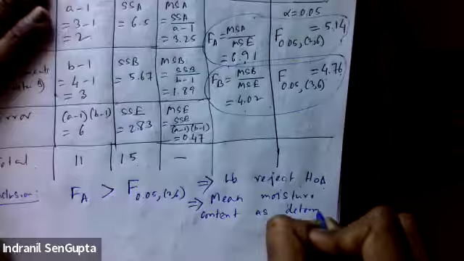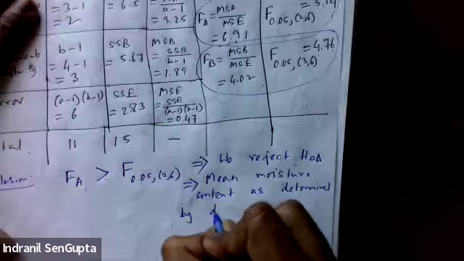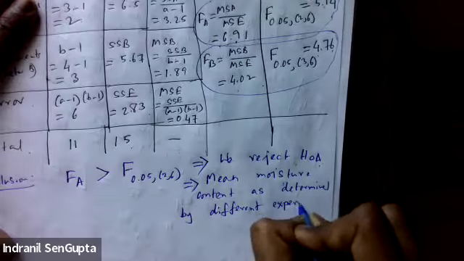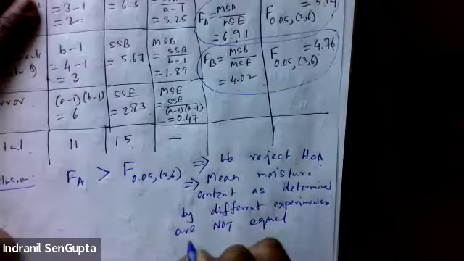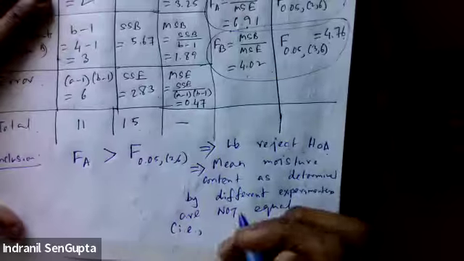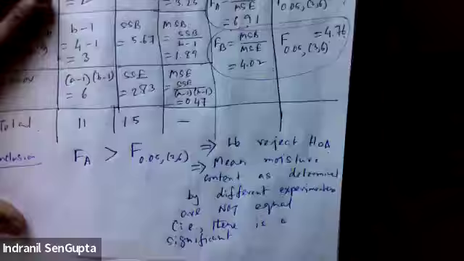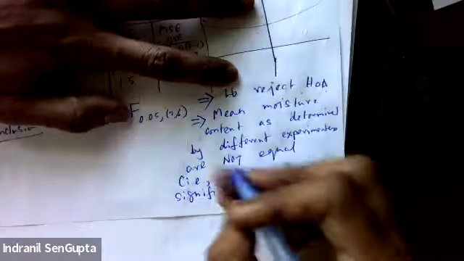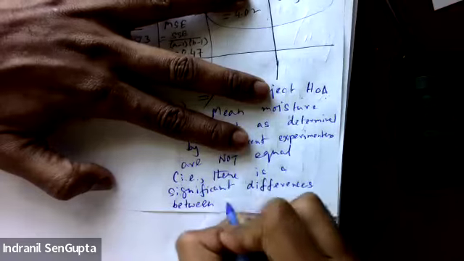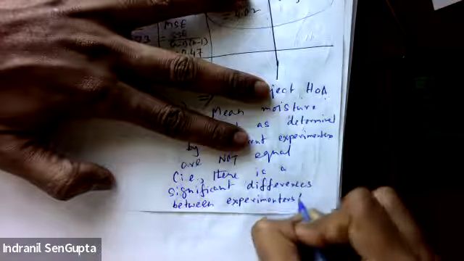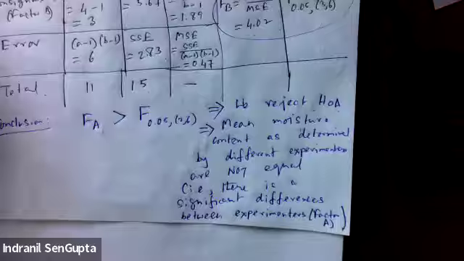That is, there is a significant difference between the factor A, the experimenters. So that's the first observation.